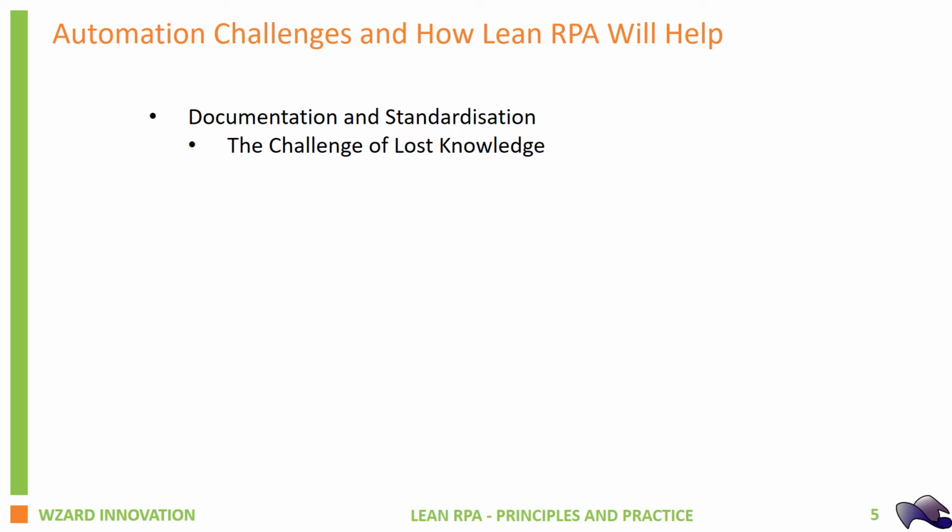The way that we face that risk head on with Lean RPA is in the level of documentation that we produce. At a strategic level, we identify clear purpose, customers and goals, and customer value. At an individual process level, we understand the value stream maps, the steps required to deliver value to the customer.